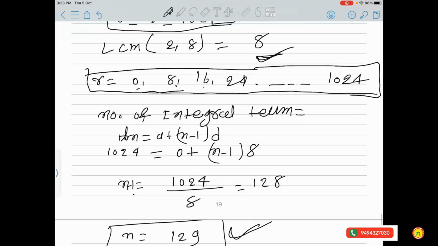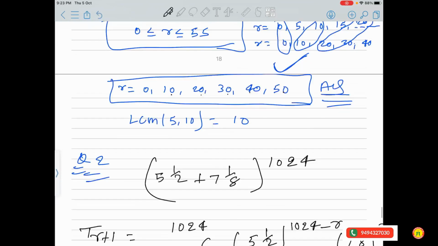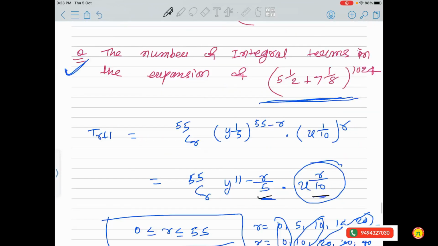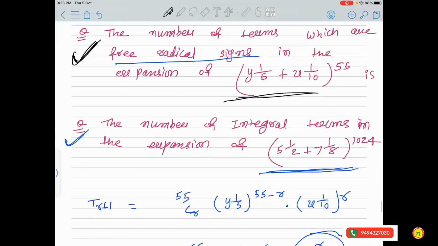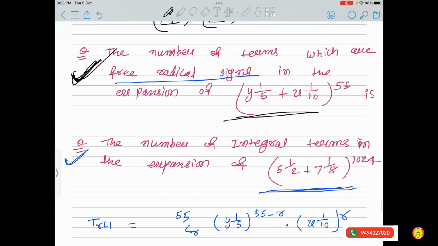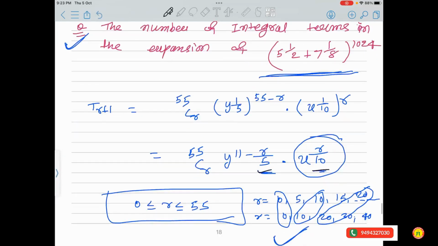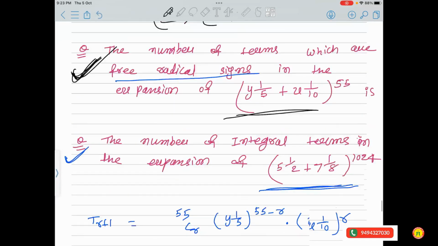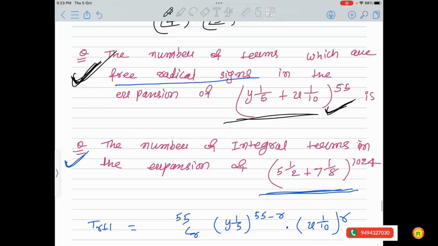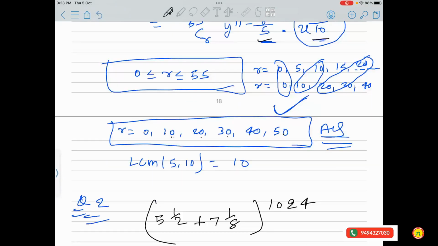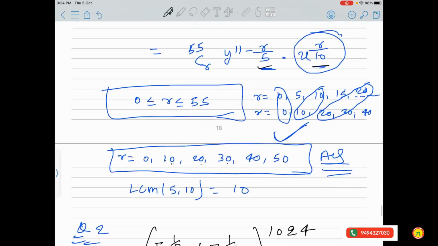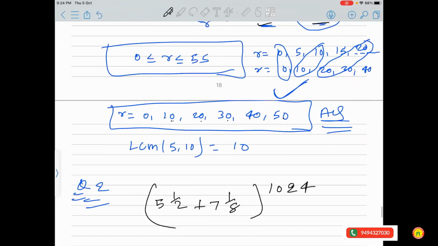In the first question, if I ask the number of terms free from radical sign, then the answer is 1, 2, 3, 4, 5, 6, so 6 terms, right? So we can answer this question.